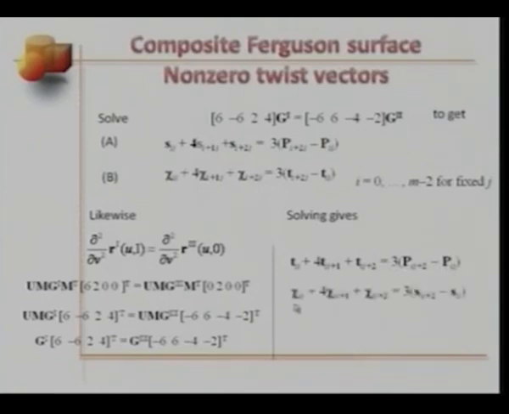And this one here in terms of the twist vectors: chi ij plus 4 chi ij plus 1 plus chi ij plus 2 equals 3 times Si j plus 2 minus Sij. Now, these equations are for index j going from 0 to n minus 2 for a fixed index i.